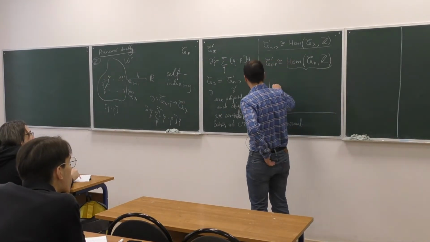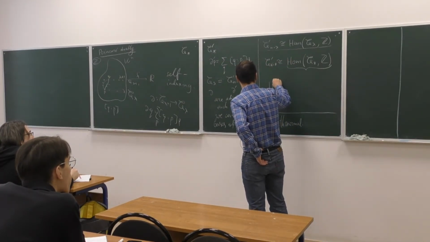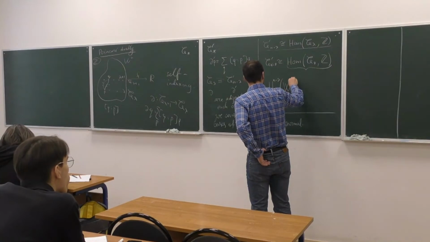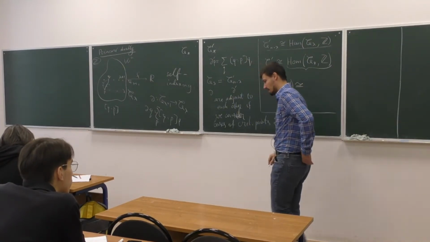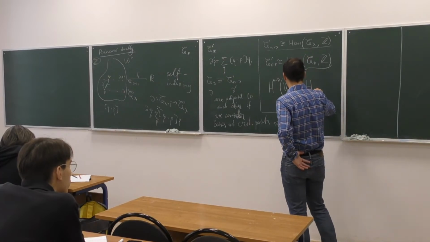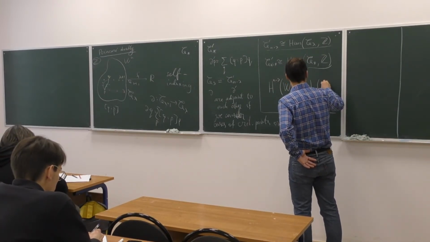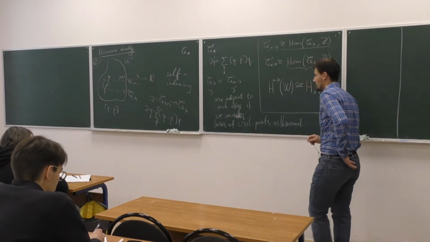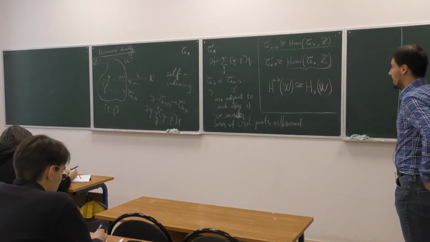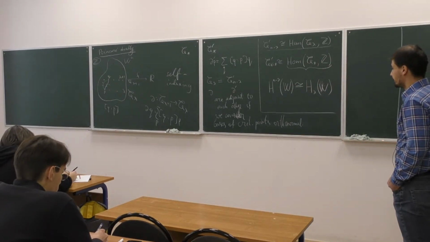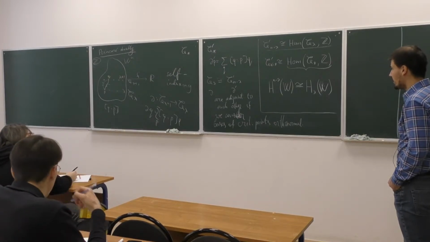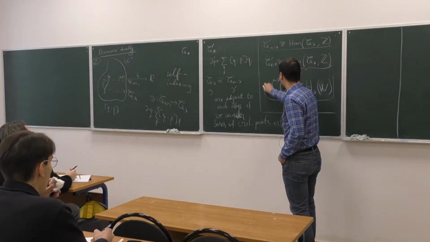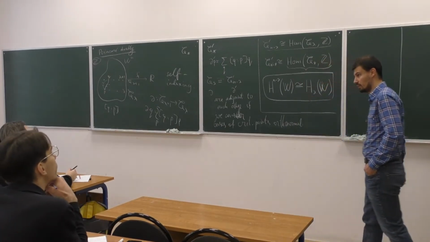And we immediately obtain an isomorphism: cohomology of dimension n minus lambda of our W is isomorphic to homology of dimension lambda of the same W. So this is a rather nice situation and a rather nice viewpoint on Poincare duality.